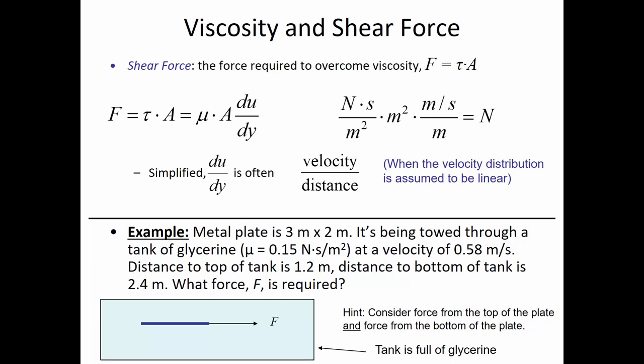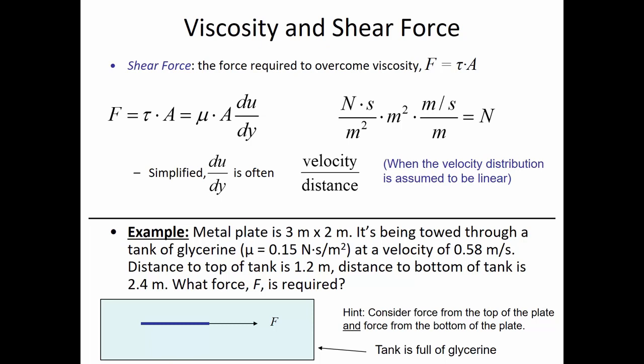The difference between the two being that the distance, the delta Y, is going to be different for the top and the bottom. So for the top, the area that we're using is 3 meters by 2 meters.